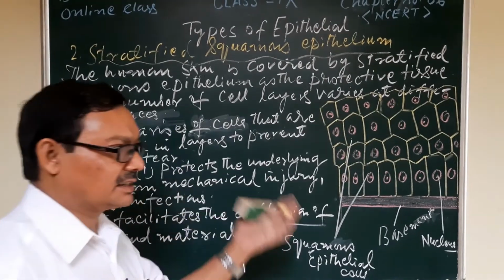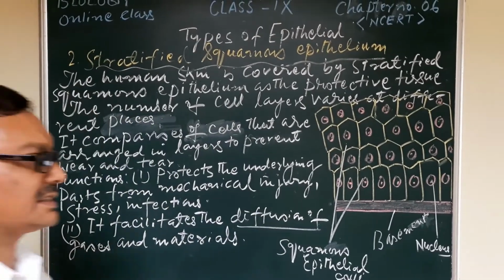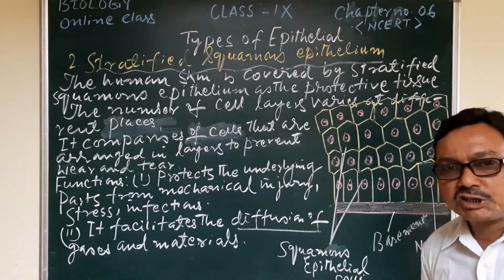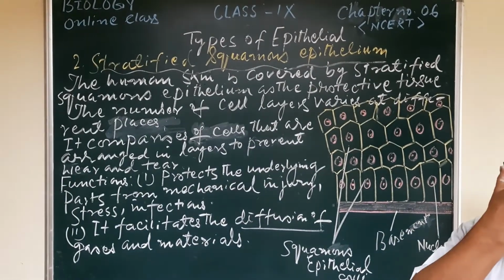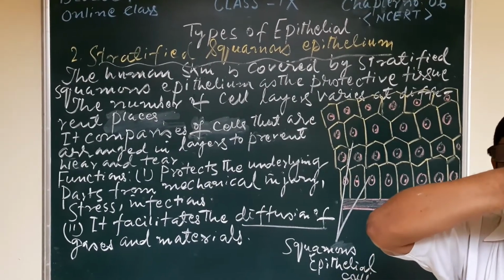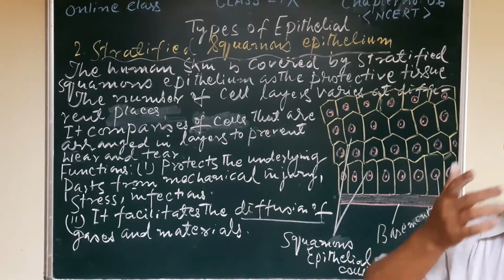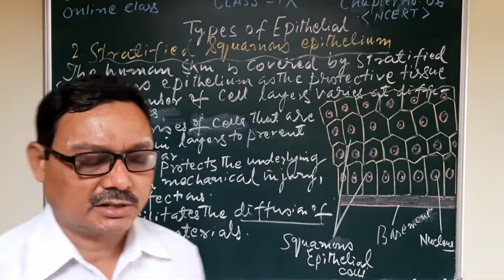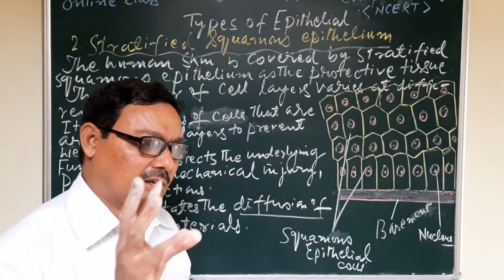Now the second category of classification is based on the shape of the cell, where we look at three important types: squamous, cuboidal, columnar.